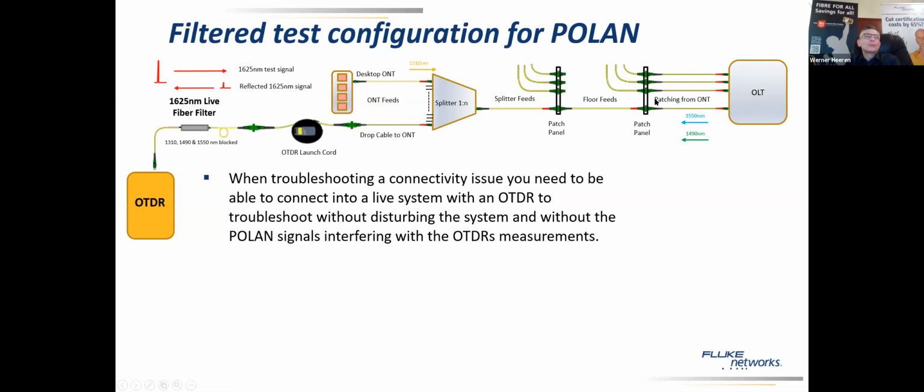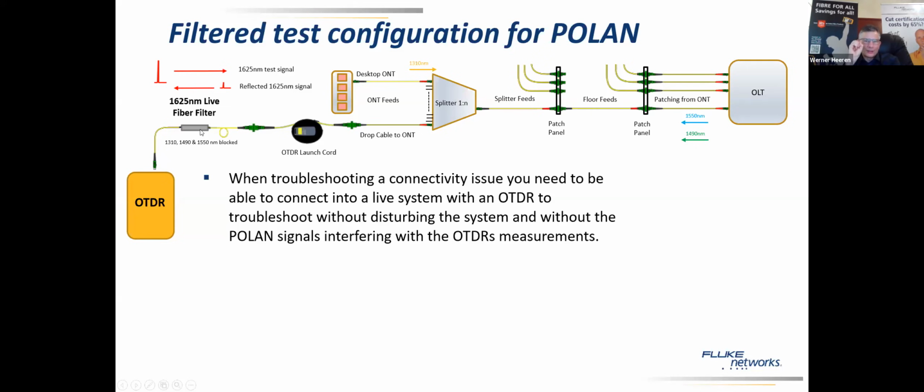although there is light coming from the OLT, it is using, remember, the 1310, 1550, 1490 different wavelengths on that PON fiber. So we are going to use a 1625 light source for the OTDR, 1625 live fiber for the OTDR, and all the other lights we will block with a filter.